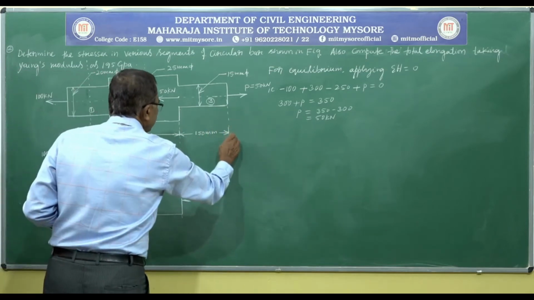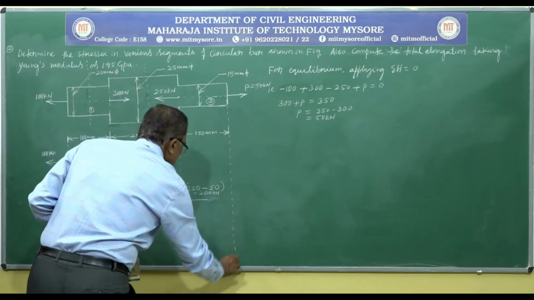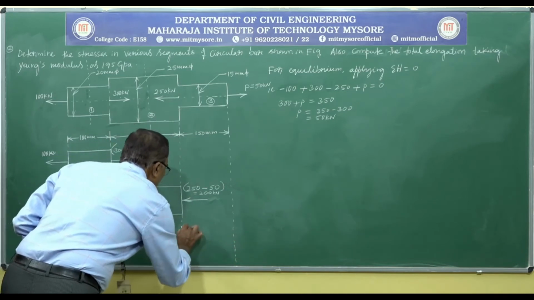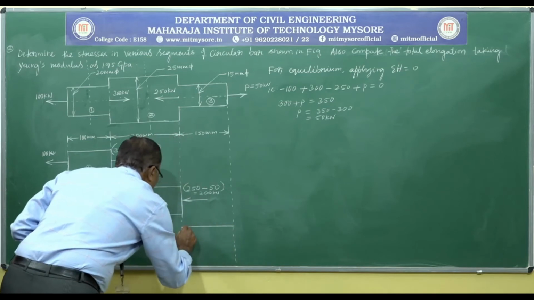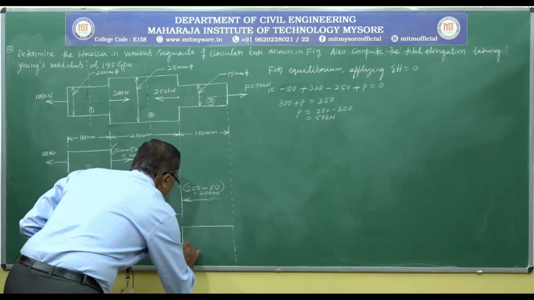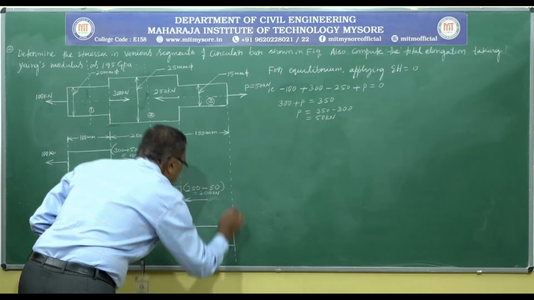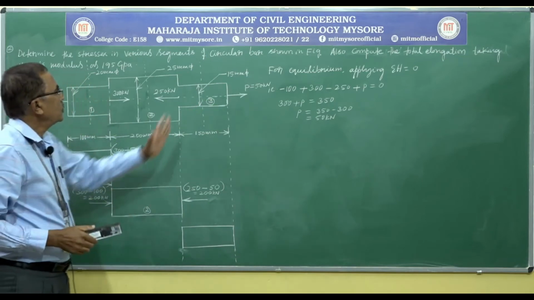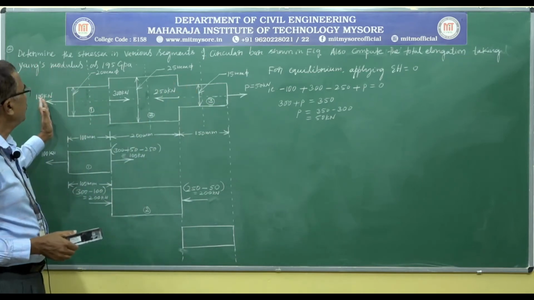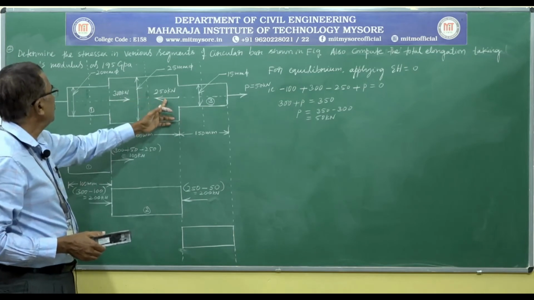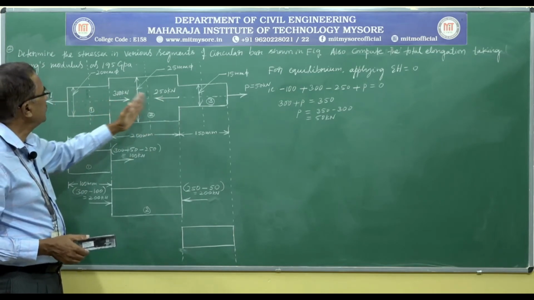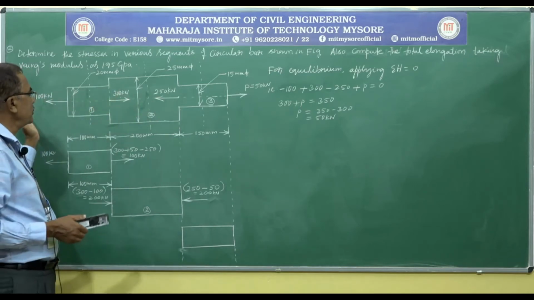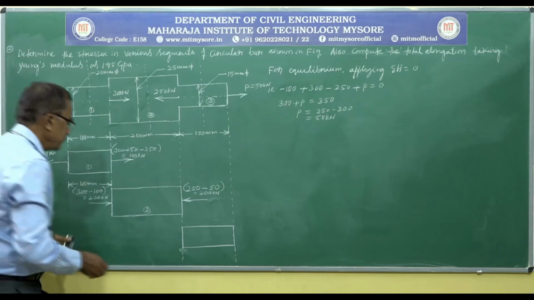Consider the third segment. Take a section here. To the left side there are three forces: 250, 100 and 300. Consider leftward as positive and rightward as negative.